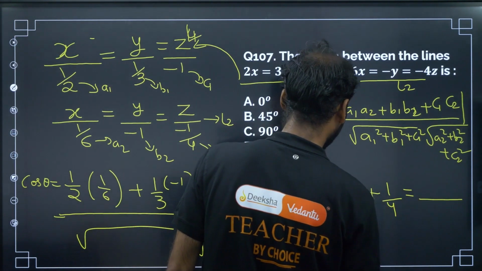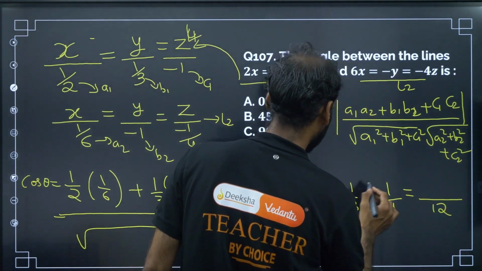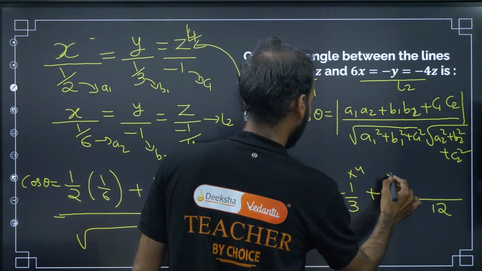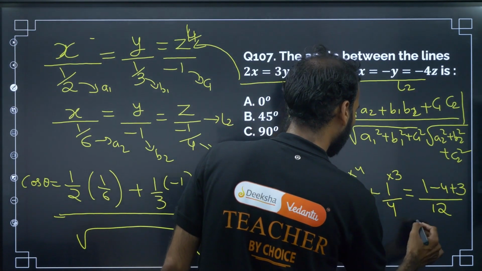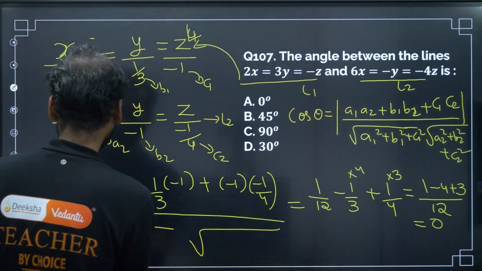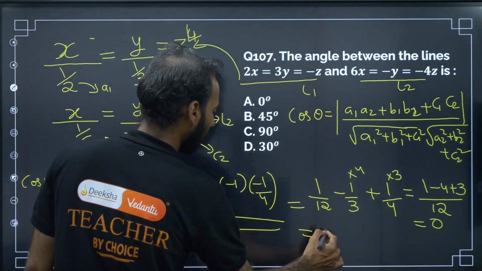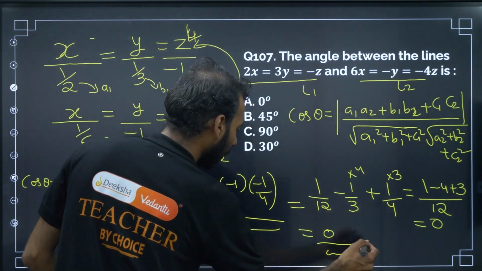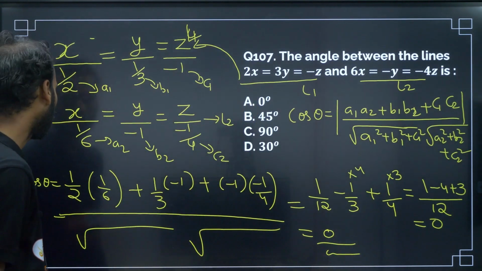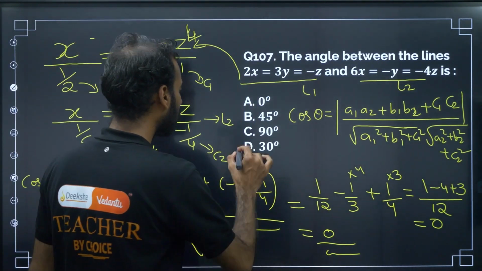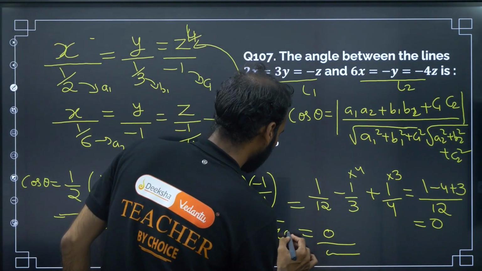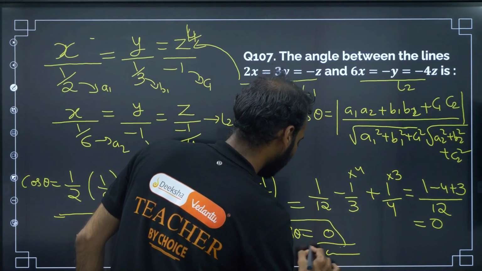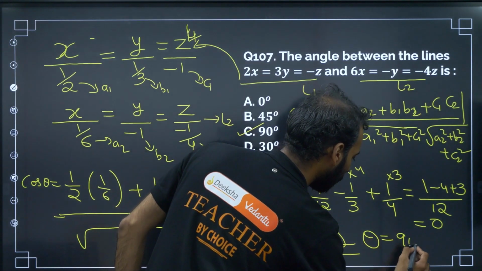If I go for simplifying, LCM is 12. So this is negative 4, positive 3. This becomes 0. So the numerator, if you simplify, you are going to get 0 by the denominator, whatever it is. So once we got cos theta is 0, when cos is 0, theta is 90 degree, that means cos theta is 0, which implies theta is equal to 90 degree.